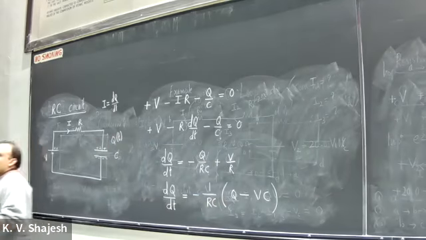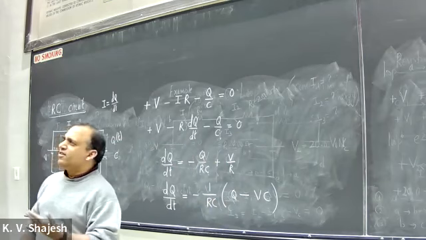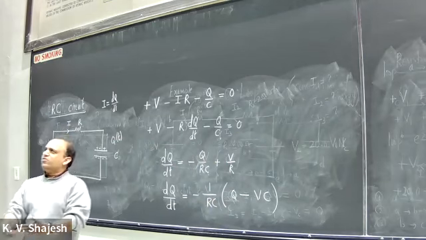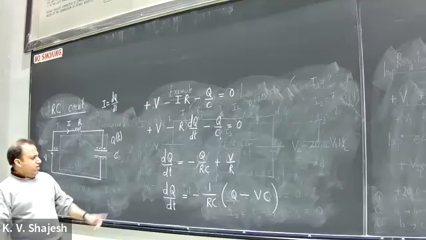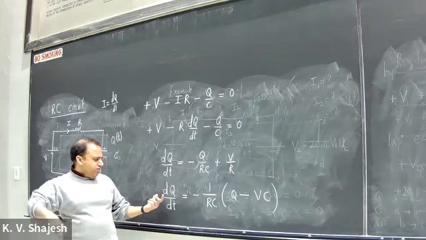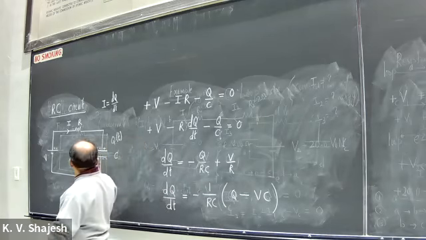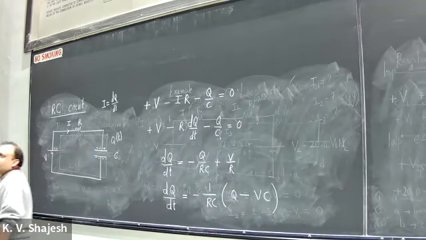It's like population: the rate at which population is increasing depends on the current population. Similarly, the rate of charge depends on how much charge there is in this capacitor. The current depends on the charge on the capacitor.